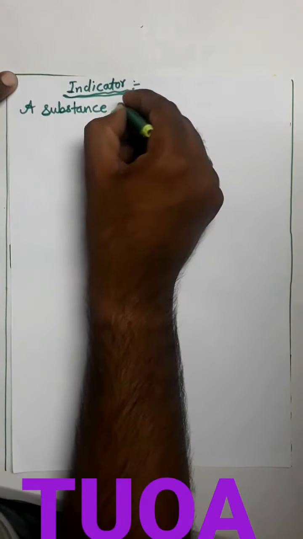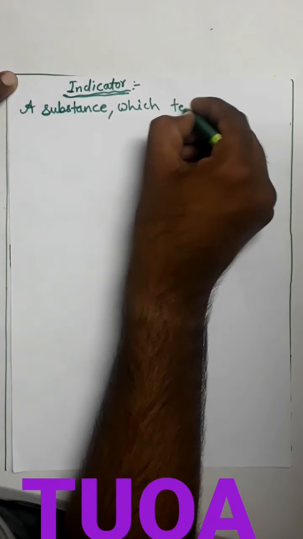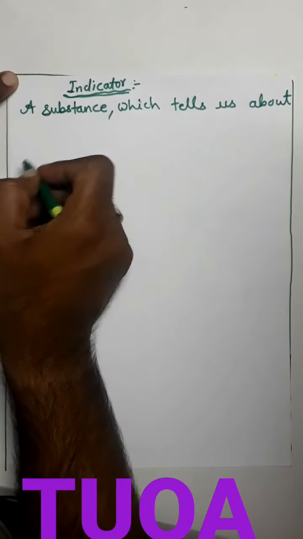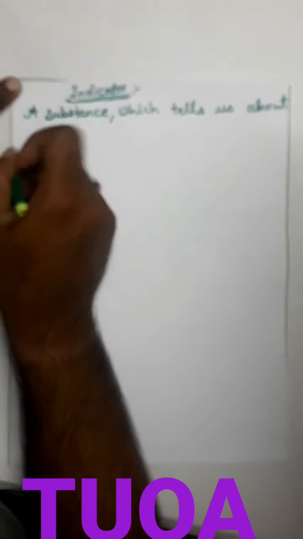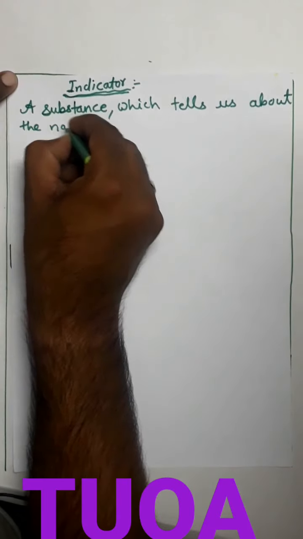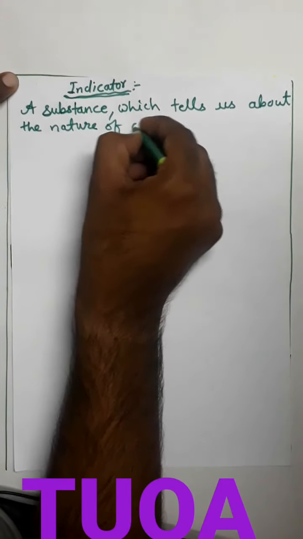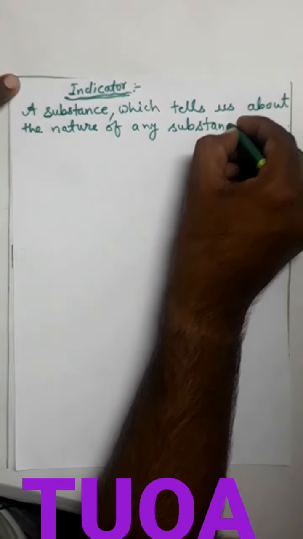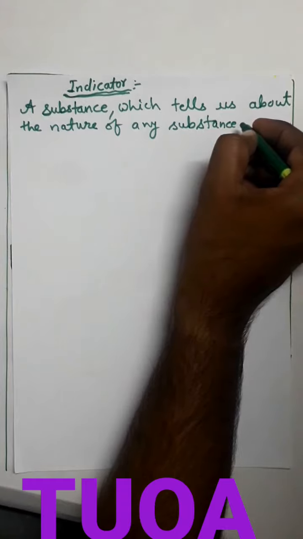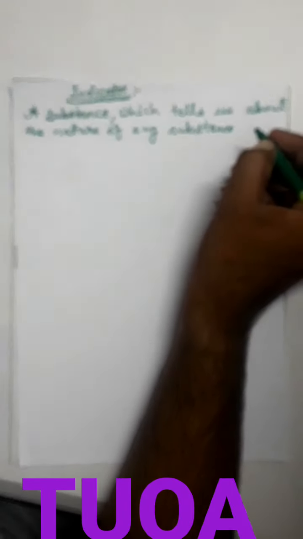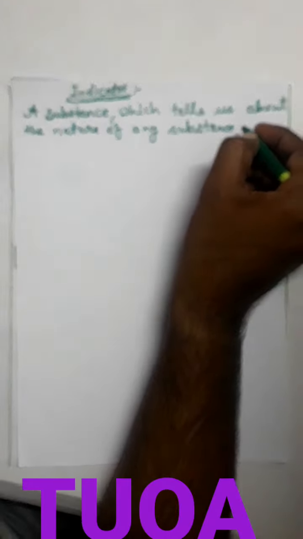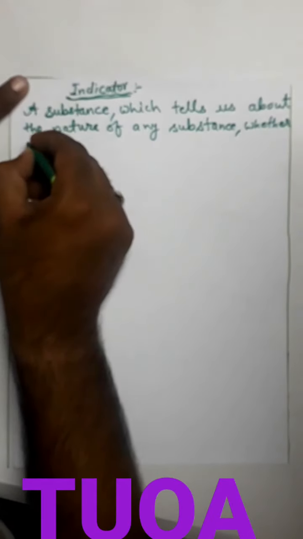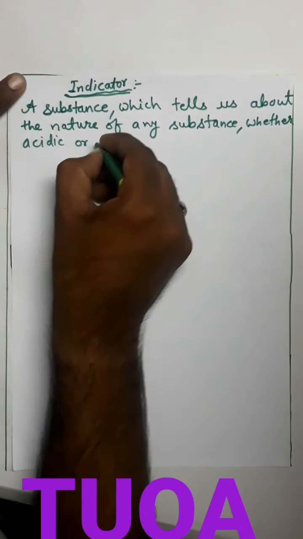Indicator is a substance which tells us about the nature of any substance, whether acidic or basic.